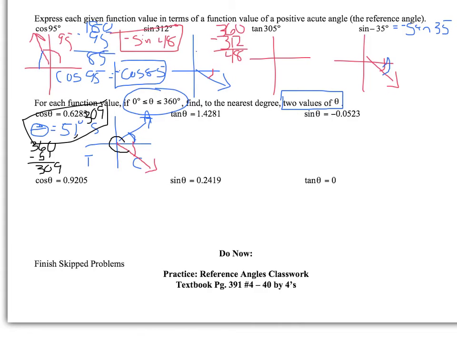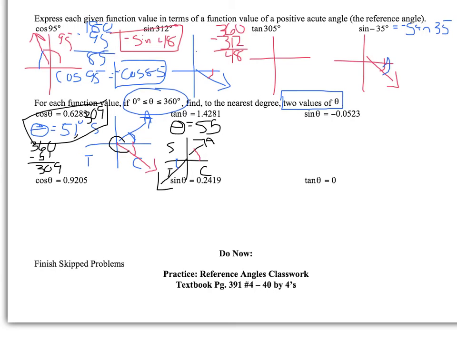Let's do a couple more. This next one we're going to do inverse tan of 1.4281. You're going to get 55 degrees. Then we graph 55 degrees, which is in quadrant 1. In quadrant 1, tangent is positive. Tangent is also positive in which other quadrant? Quadrant 3. So you draw your line in quadrant 3. Now this red angle is equal to 55 degrees, which is the same as that blue angle.